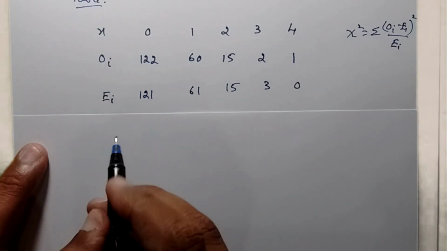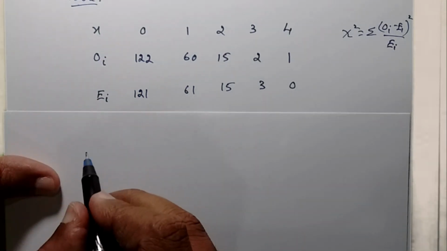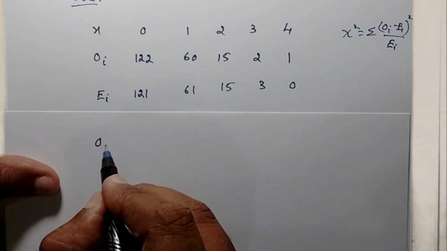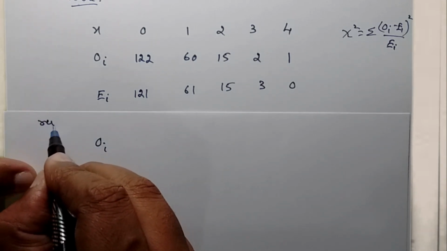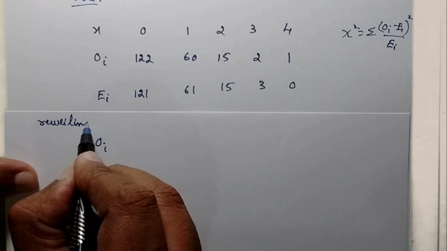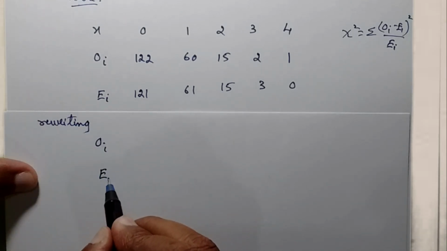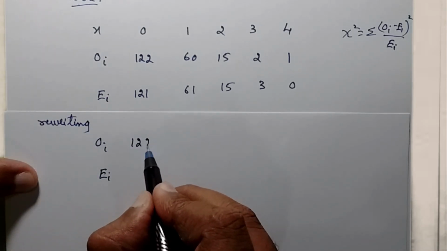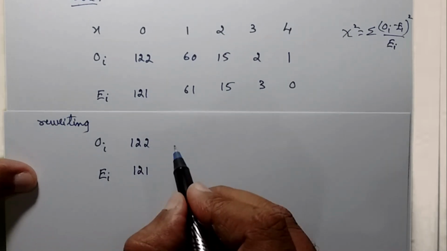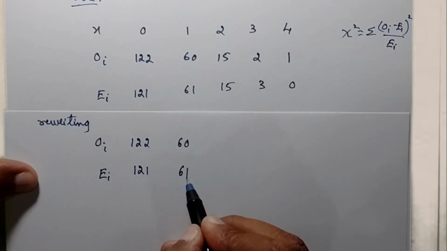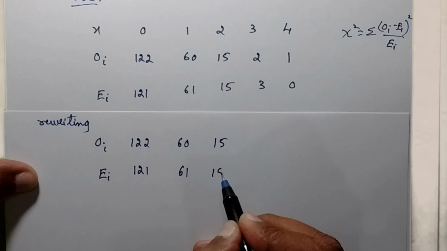If you rewrite this table, let me rewrite oi and ei. It is 122 and 121, this is 60 and 61, this is 15 and 15.